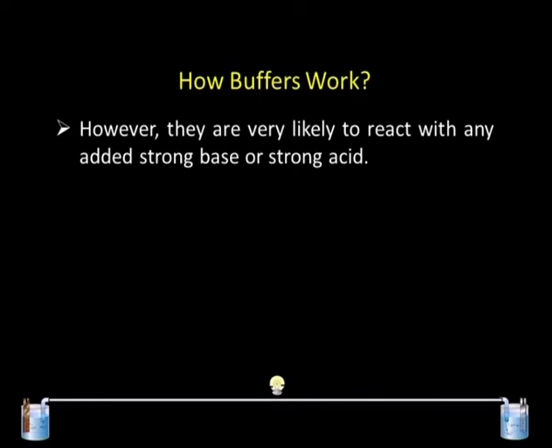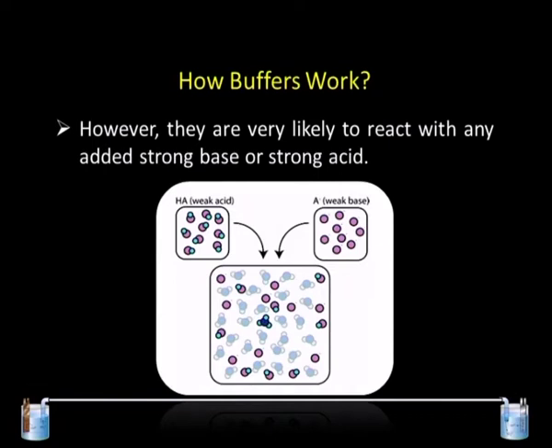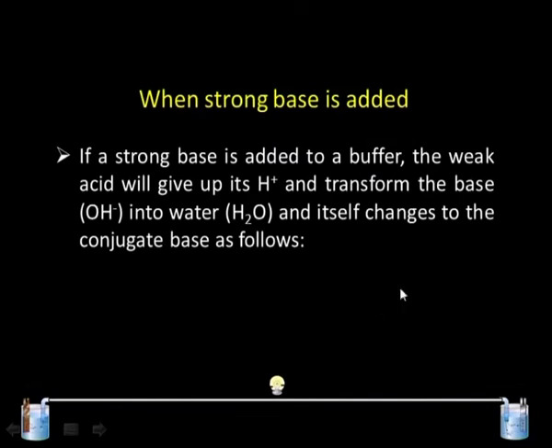Buffers are very likely to react with any added strong base or strong acid. Let us consider here we have a weak acid and weak base. We are adding them in a mixture. If a strong base is added to a buffer, the weak acid will give up its proton and transform the base into water, and itself changes to the conjugate base as follows.